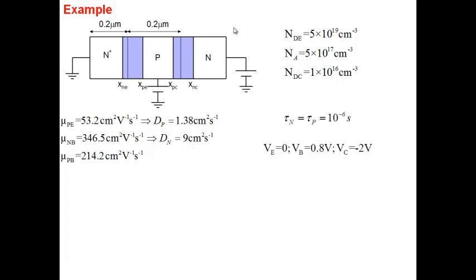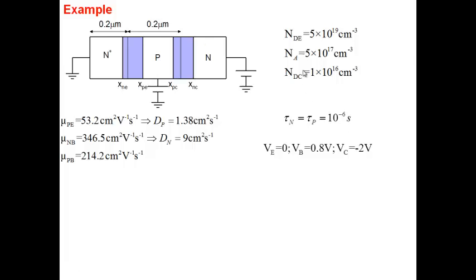All right, so doping levels are N plus emitter doping 5 times 10 to the power 19, base doping 5 times 10 to the power 17, collector doping 10 to the power 16. Typical doping levels. And we'll assume that the recombination lifetime everywhere is 1 microsecond. Lifetimes do vary depending on the doping, but for simplicity, we'll assume 1 microsecond here.